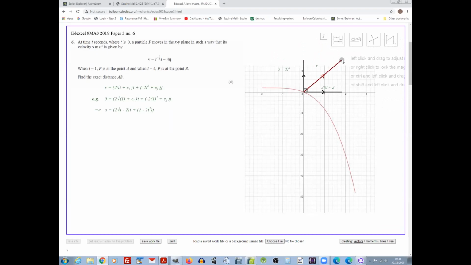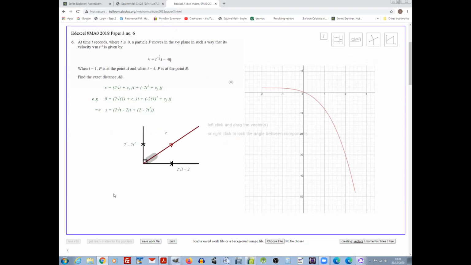Notice this vector here: the horizontal component of its velocity is 2 root t minus 2, which is 2t to the power of a half minus 2, isn't it?